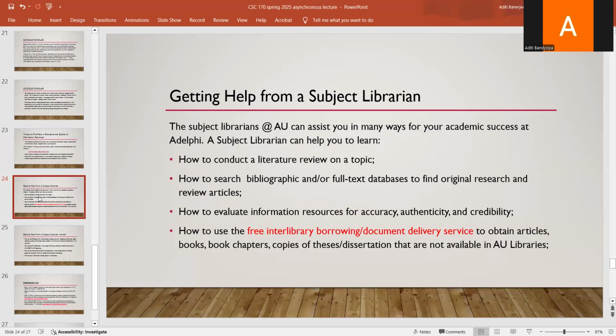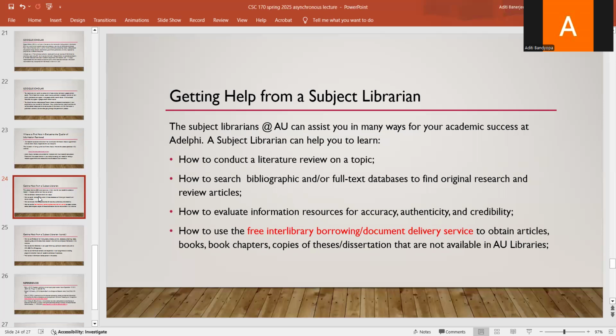All library faculty at Adelphi earned master's degree in library and information science in addition to their master's or PhDs in other disciplines. They can help you in many ways for your success in your academic journey at Adelphi.